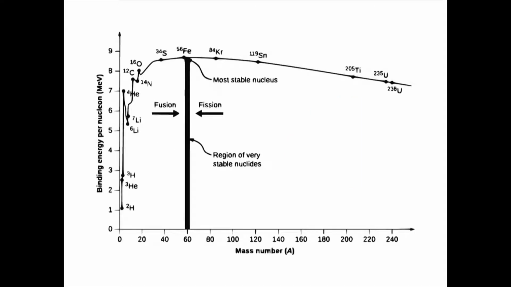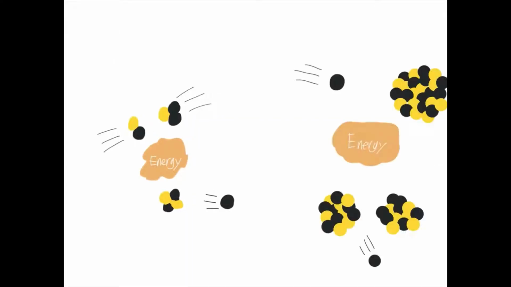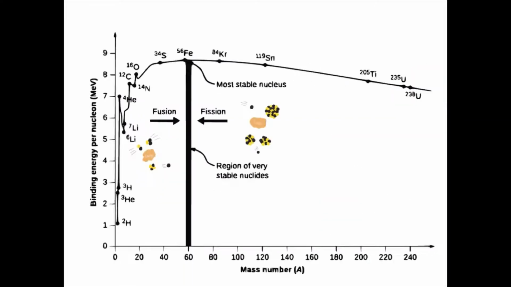Just as chemical reactions propel a molecule or atom towards being more stable, nuclear reactions propel a nucleus towards being more stable. This is why every exothermic nuclear reaction works towards making the nucleus more similar to the iron 56 nucleus. And this can either be done via nuclear fusion or nuclear fission, depending on if the nuclei you're working with have more nucleons or fewer nucleons than the iron 56 nucleus.